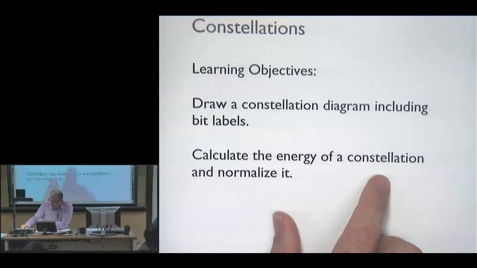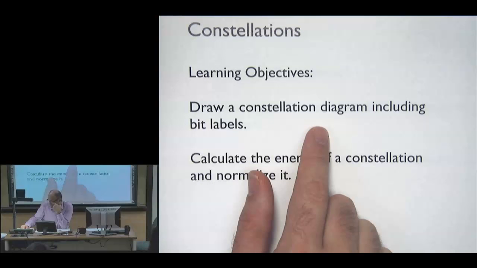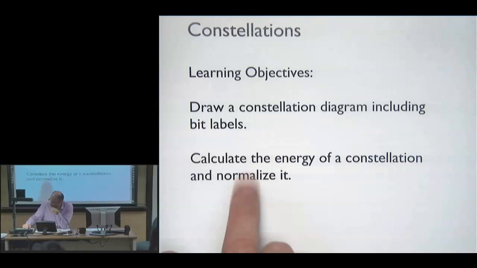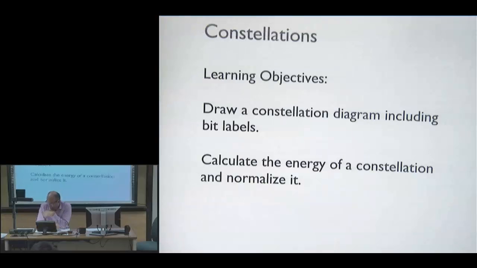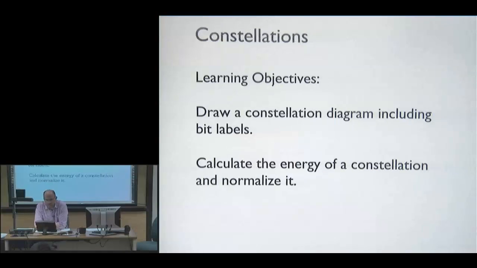You should be able to draw the constellation diagram, which is mostly an exercise in plotting. The second is you should be able to compute the energy of a constellation and normalize it. You also might have to make that constellation zero mean. This is mostly an exercise you get in the homework or an exam. Most constellations that you bump into in the real world have already been suitably normalized, but you should be able to do that.